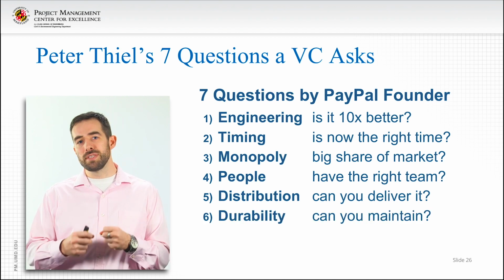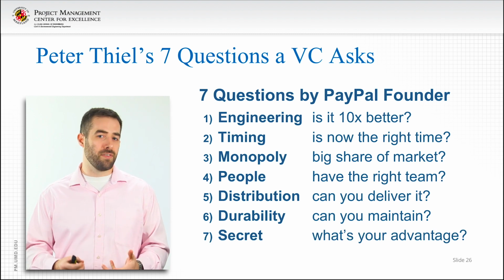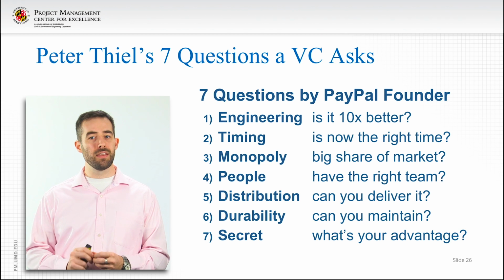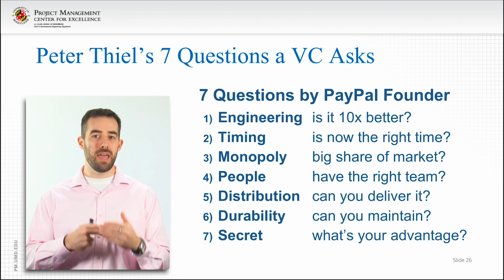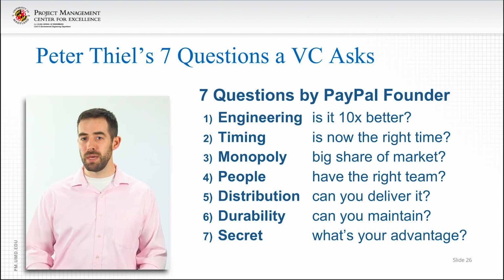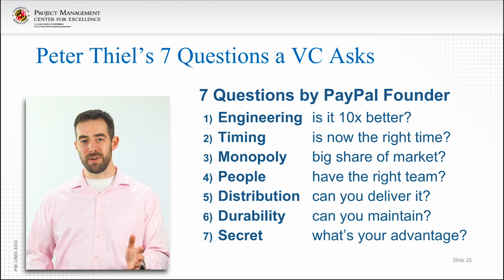Durability. Can you sustain your advantage? And finally, secret. What is your advantage? What do you know that no one else knows how to do? If you have that, then you can maintain staying ahead of the fast followers who will always come in behind you, especially with big business money, with more money, more marketing, and more experience.